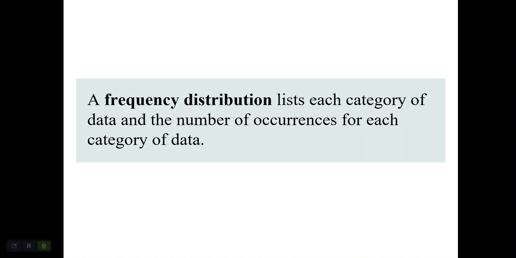The frequency distribution lists each category of the data and the number of occurrences for each category. Like I said, if I have 100 students in all my classes, I'm going to have 100 course grades, right? And I want to count how many people got A, how many people got B, how many people got C, and so on. So those are called the frequency distribution.